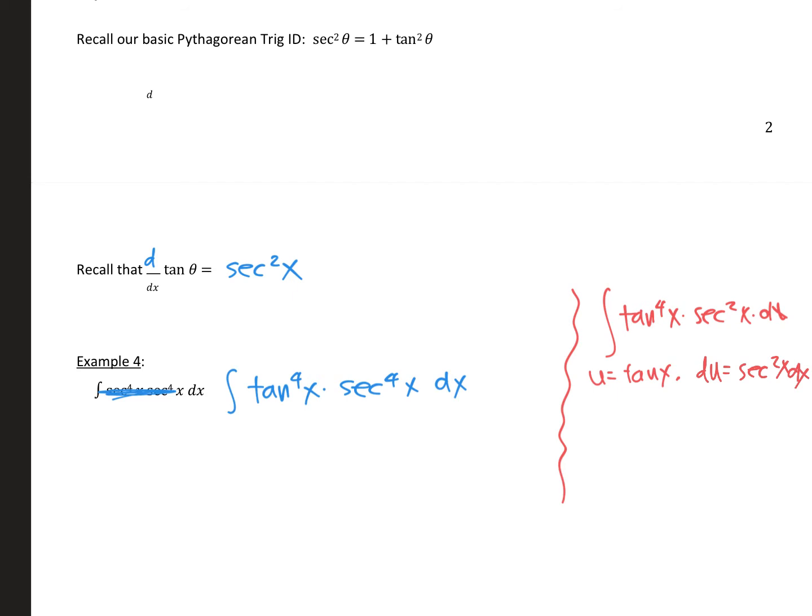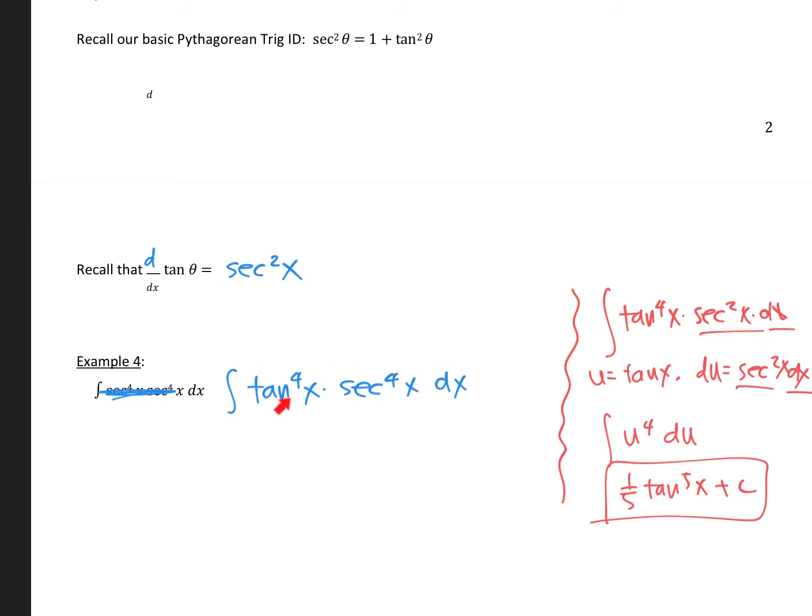So I can go u to the 4th du, so 1/5 tangent to the 5th x plus c, right? This would be an easier case if I had just secant squared and a bunch of tangents, because then I can let u be tangent, and du will be secant squared dx, which is right there.